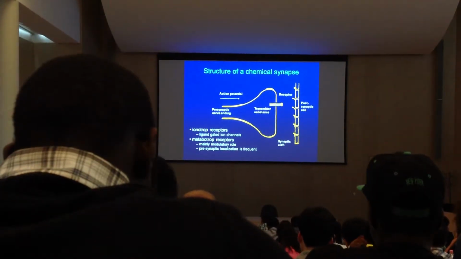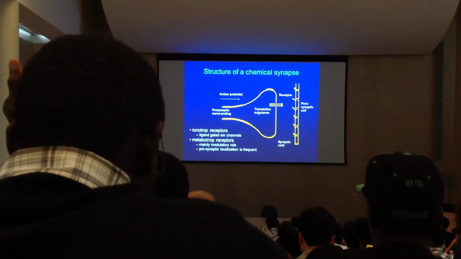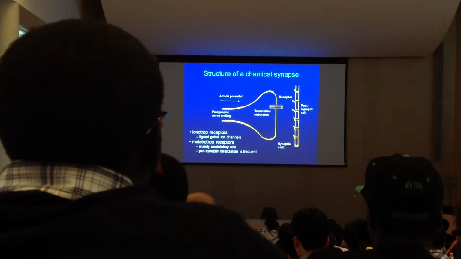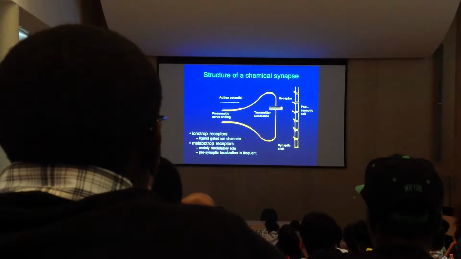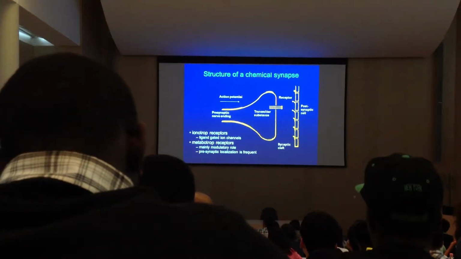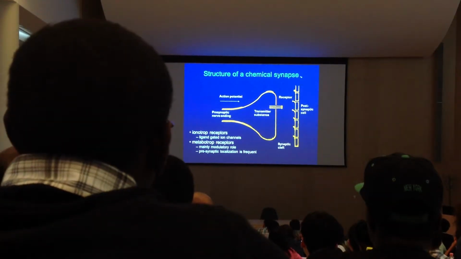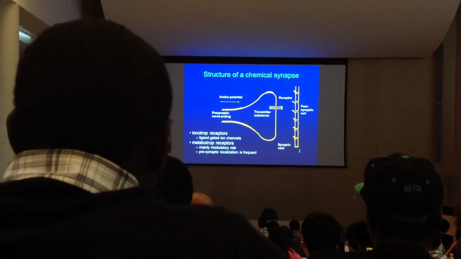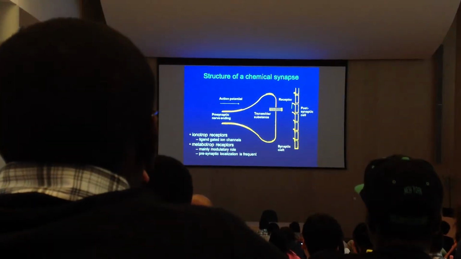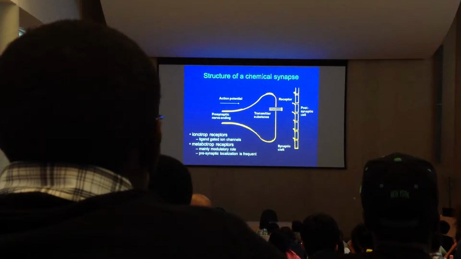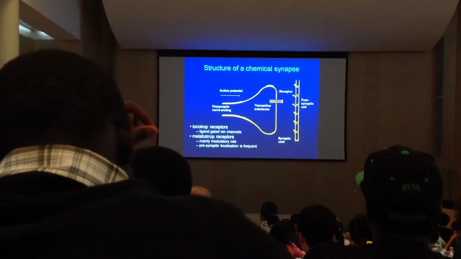This is a chemical synapse because the information from this presynaptic cell goes to the postsynaptic cell via chemical substances called neurotransmitters. Transmit, take over. In order for the postsynaptic cells to detect these chemical substances, they have receptors on them, specific for this particular chemical neurotransmitter.